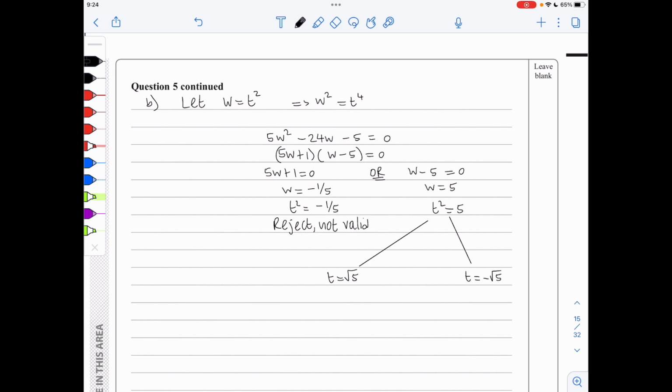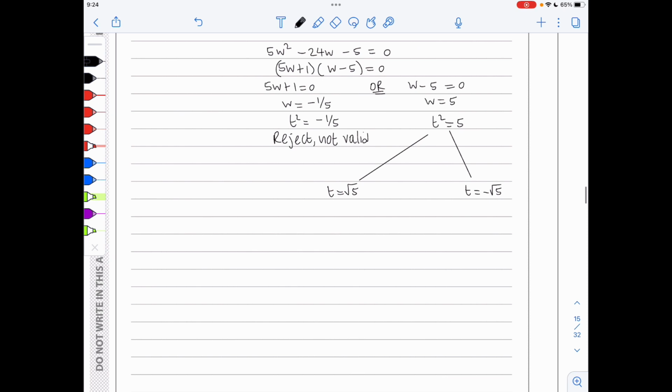Now t was tan x, so we've got to solve tan x is root 5 or tan x is minus root 5.